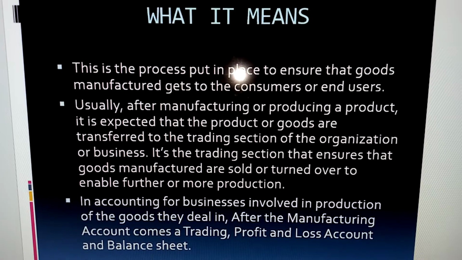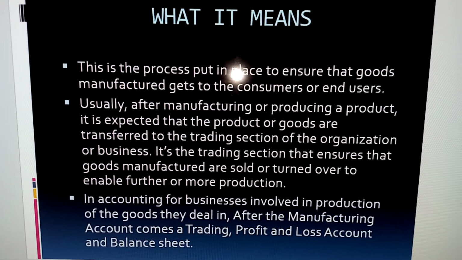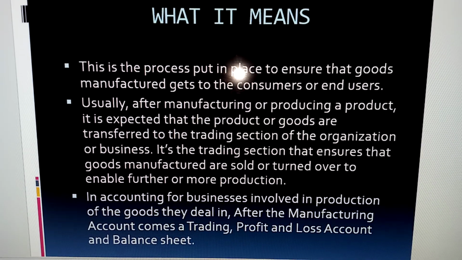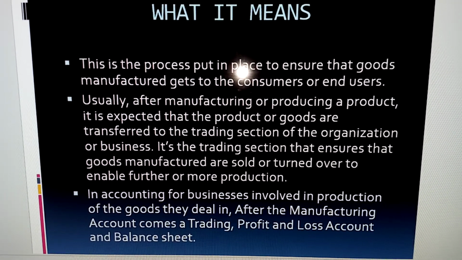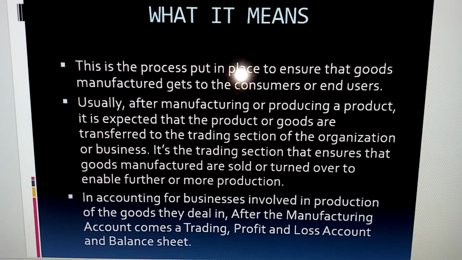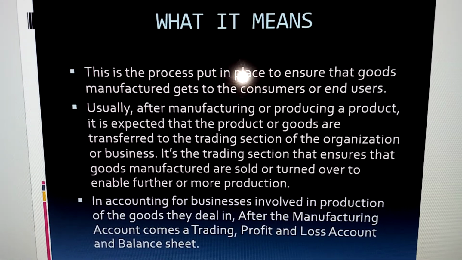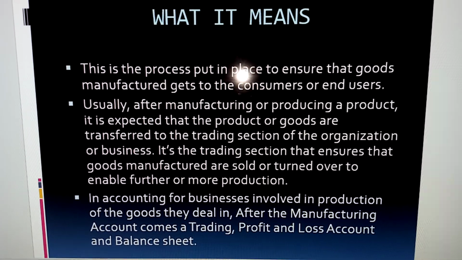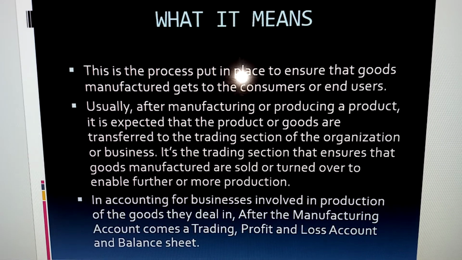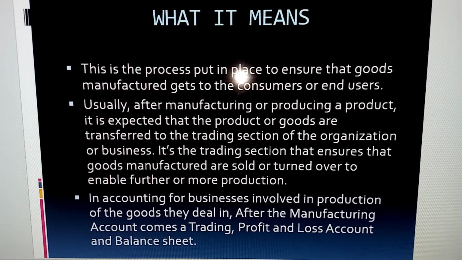We are expected to identify the gross profit derived from the traded manufactured product, the net profit derived from the traded manufactured product, and also the assets and liabilities of the business. So basically, after the manufacturing account, we prepare the trading account, profit and loss account, and the balance sheet.